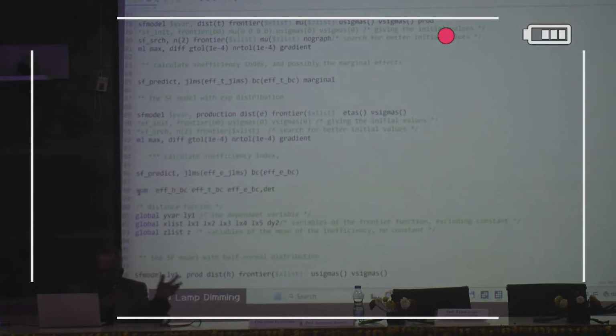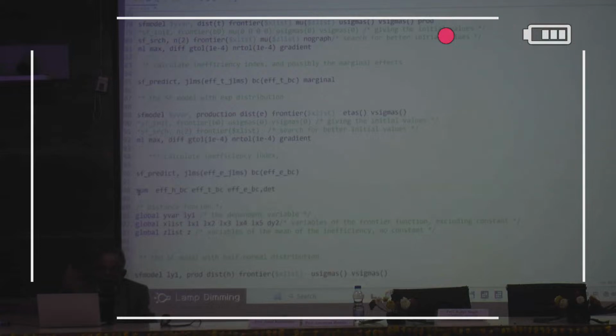So again, this is basically continuing with what Dr. Javinder was talking about, but now I'm giving you the full list, meaning all the distributions. The basic thing is maximizing the likelihood function, and then predicting the estimates of inefficiency. And then again, instead of sum, you can do a histogram for each of those, just to get a better picture.